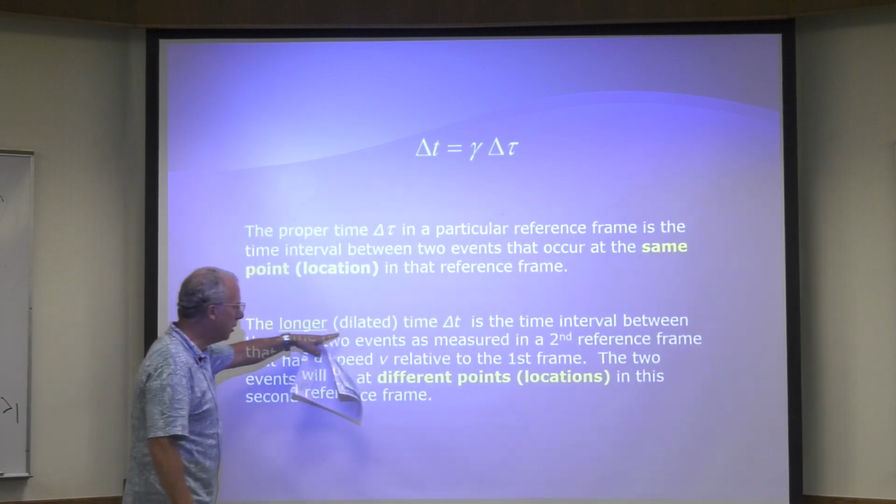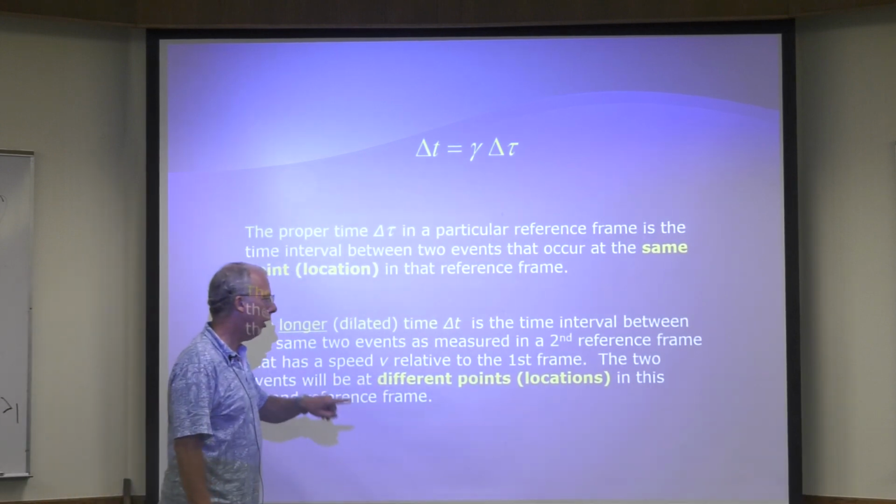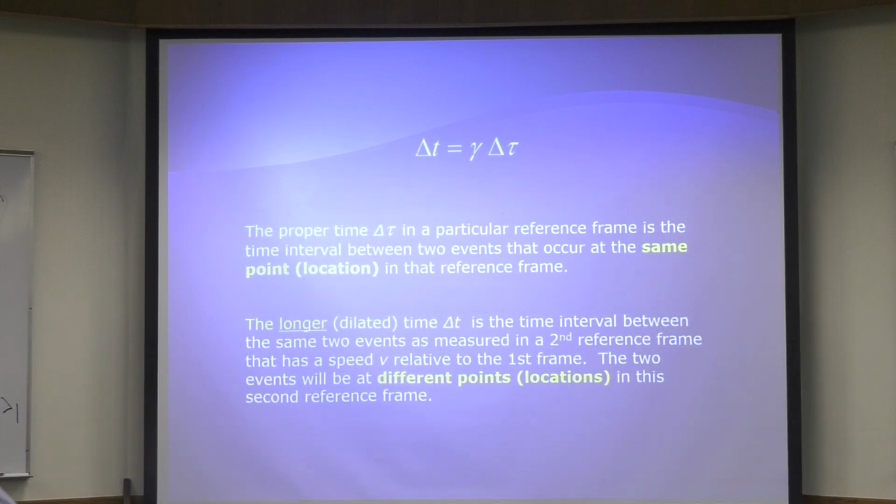The longer dilated time, delta t, is the time interval between the same two events, but this time the events are measured in a second reference frame that has a speed v relative to the first frame. Here the two events will be at different locations in this second reference frame.